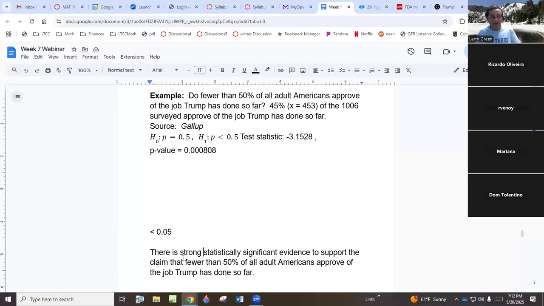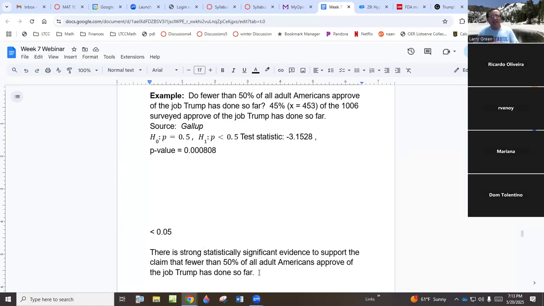If it's less than 0.05 but greater than 0.01, you just say there is statistically significant evidence. If it's between 0.05 and 0.1, you say there is weak statistically significant evidence. And if it's greater than 0.1, you say there is statistically insignificant evidence. So there is strong statistically significant evidence to support the claim that fewer than 50% of all adult Americans approve of the job Trump has done so far.